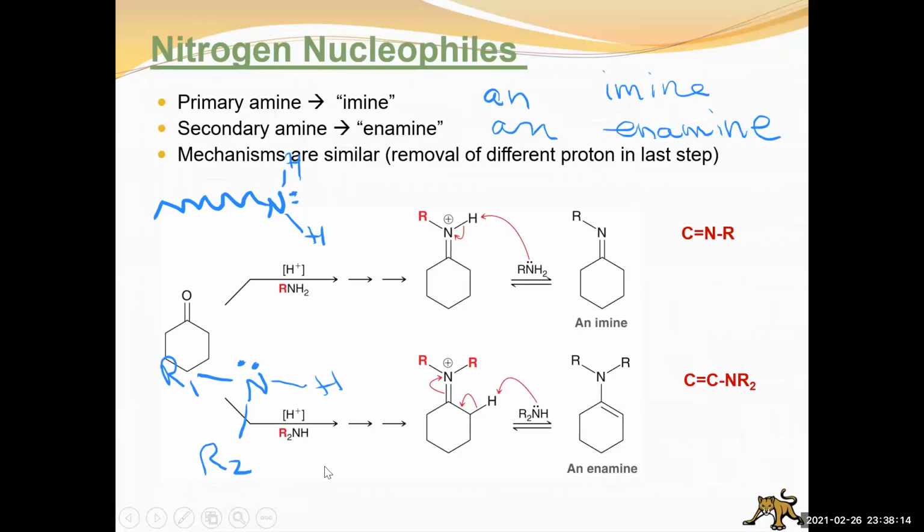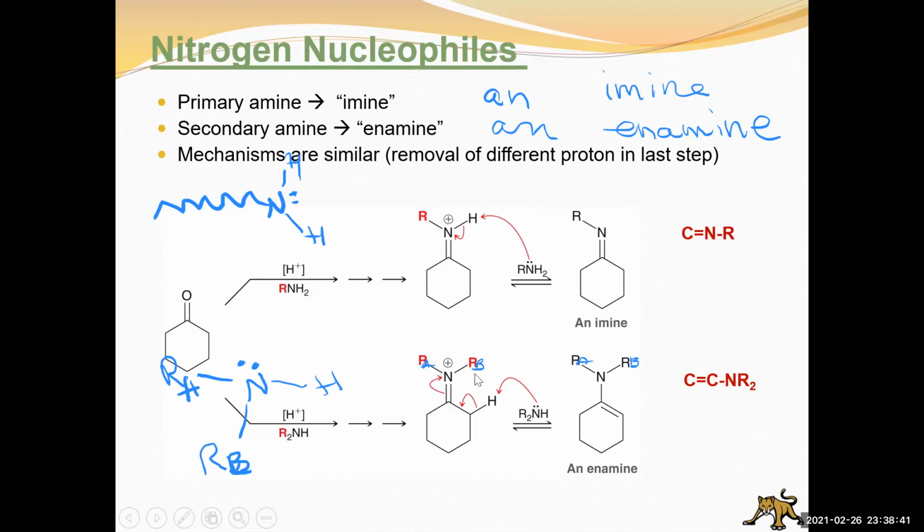Would it be better for you if I called these RA and RB? One of those would be A and one of those would be B. It just means that that nitrogen has R groups in 2 directions and only 1 proton attached. So the primary has 2 protons attached to the nitrogen. The secondary only has 1.